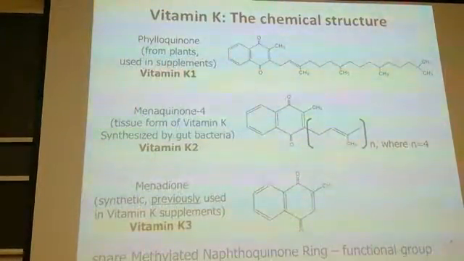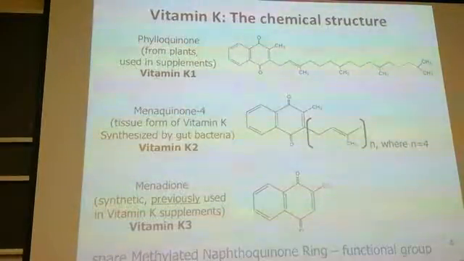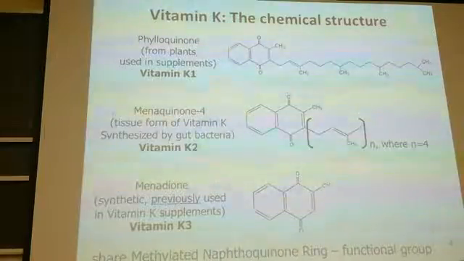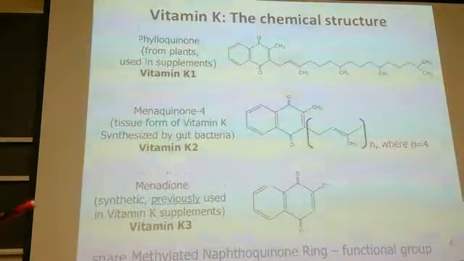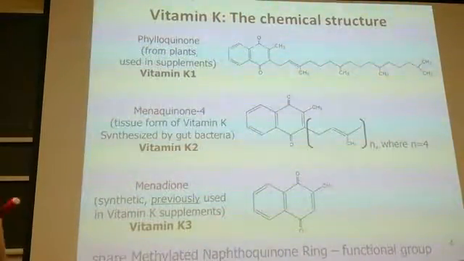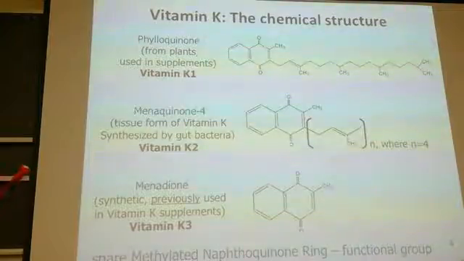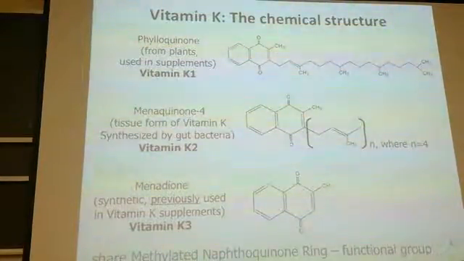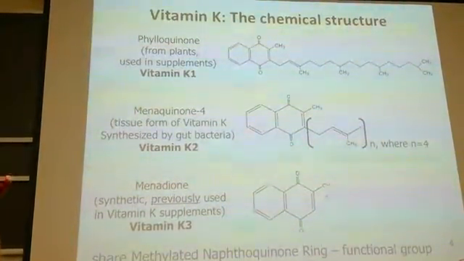Vitamin K3, menadione, is just the naphthoquinone ring, the methylated ring. This was used for a long time as a supplement. It was easy to synthesize and purify, and was used as a vitamin K supplement. Our bodies can take this precursor and convert it into MK4 and use it.